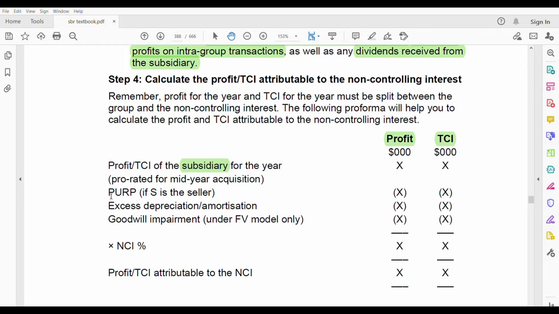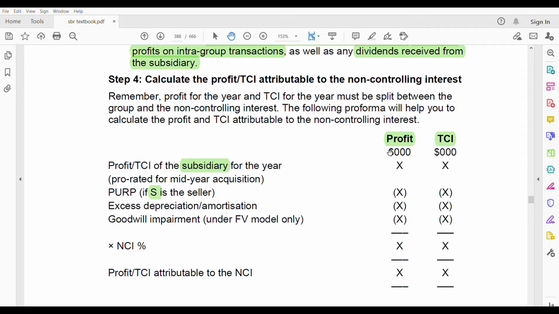PURP, provision for unrealized profit. If S is the seller, S means the subsidiary is the seller, then you need to deduct it from the profit and the TCI. It's the same amount only, because your profit will ultimately affect your TCI. Excess depreciation and amortization: if you have some excess, that also needs to be deducted from the profit.